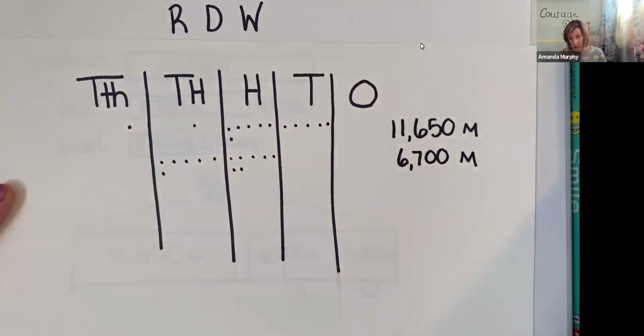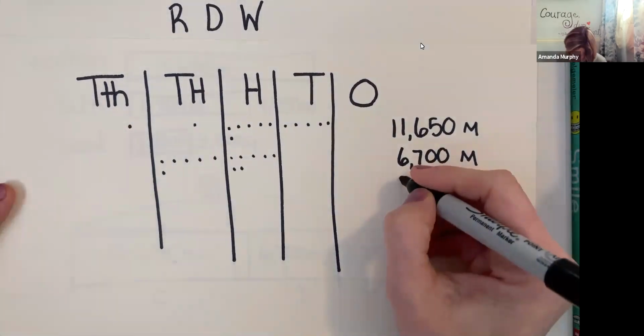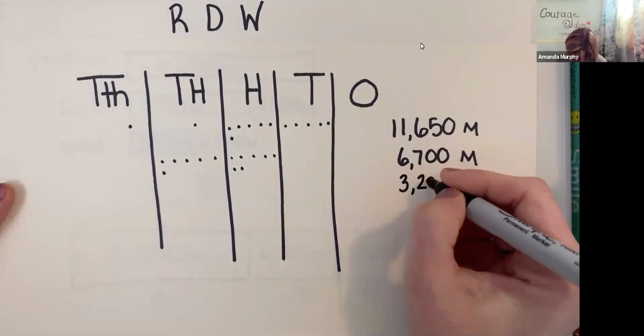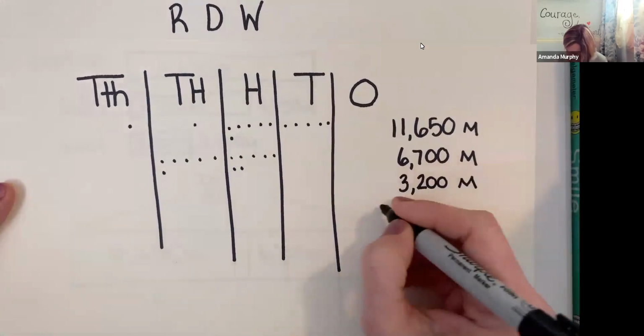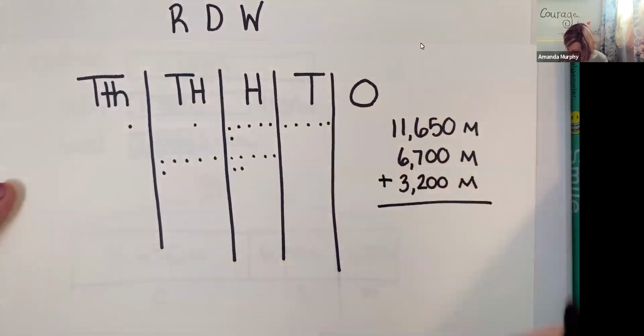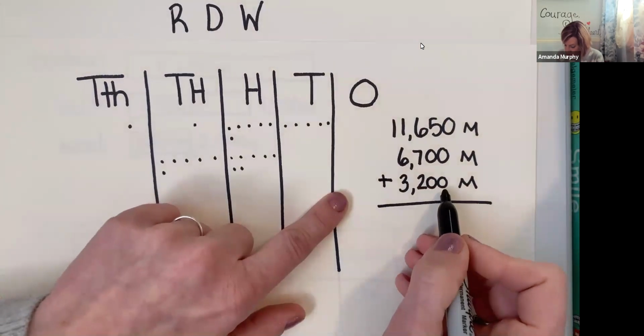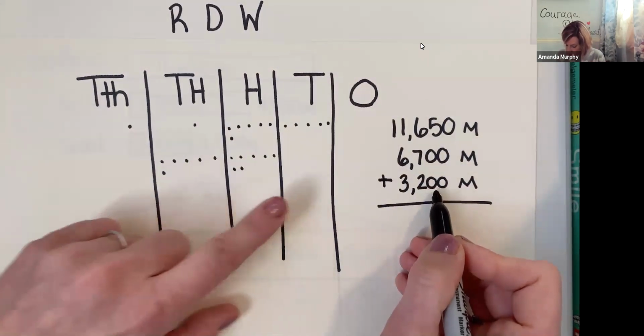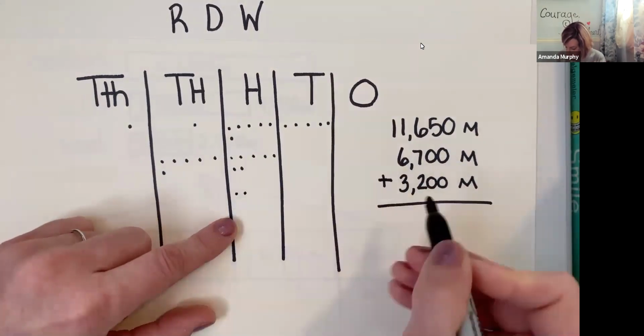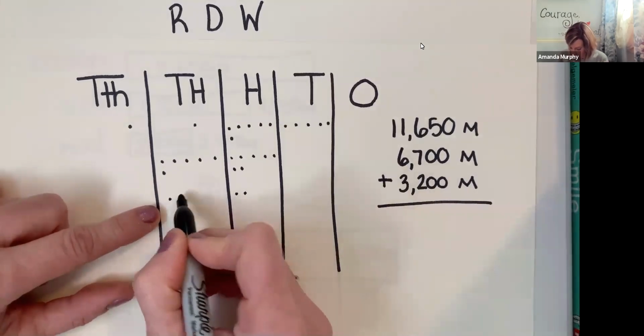I also need to add into this that last piece of the tape diagram, which was the wool. 3,200 meters of wool. I see 0 1s, 0 tens, 2 hundreds, and 3 thousands.